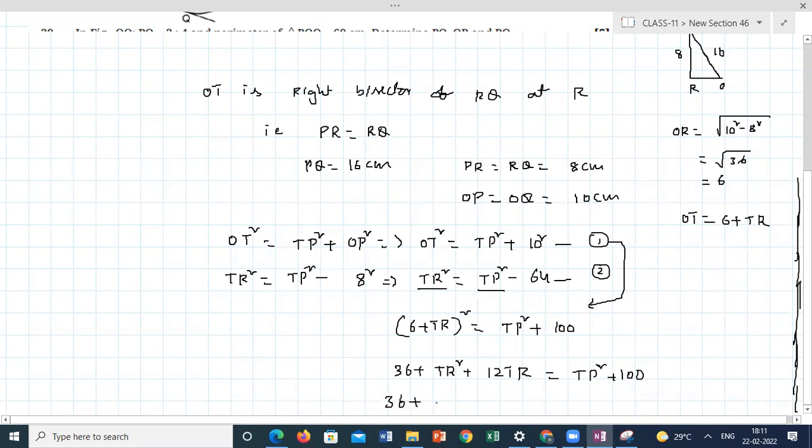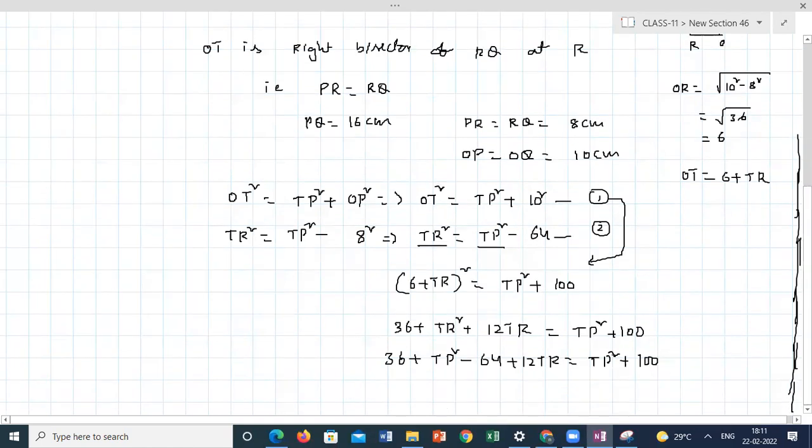So 36 plus TP square minus 64 plus 12 TR is equal to TP square plus 100. So from here I can cancel the TP square on both sides. So finally I'm getting 12 times TR is equal to 100 plus 64 minus 36. So 12 TR is equal to 128.